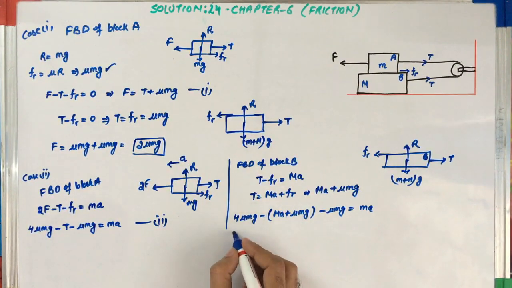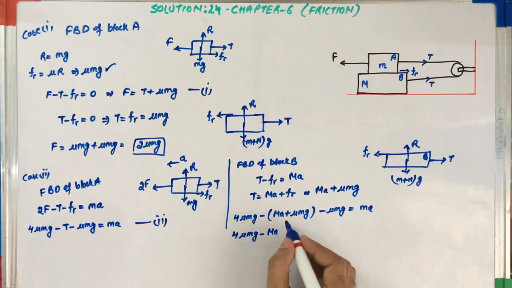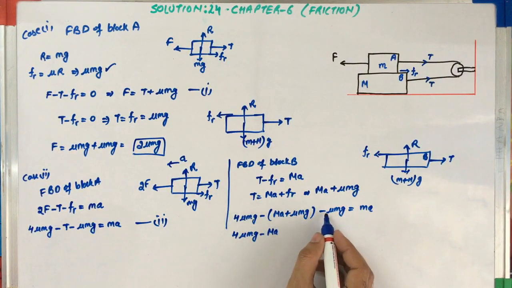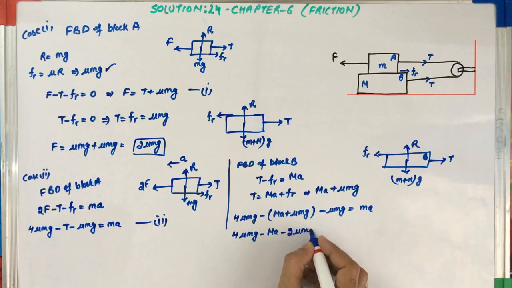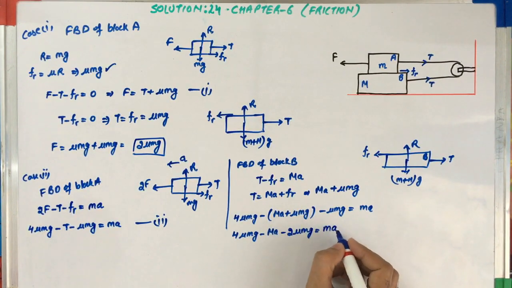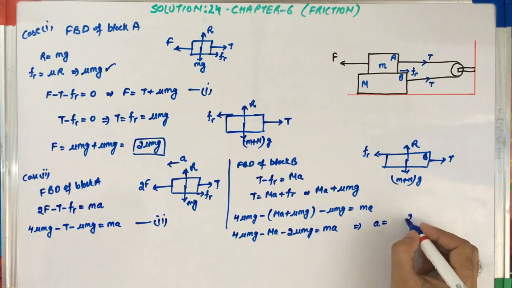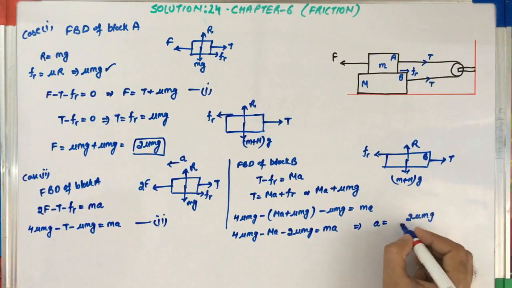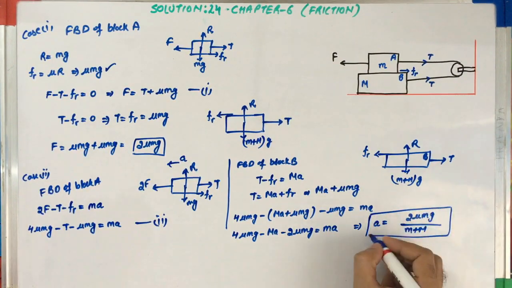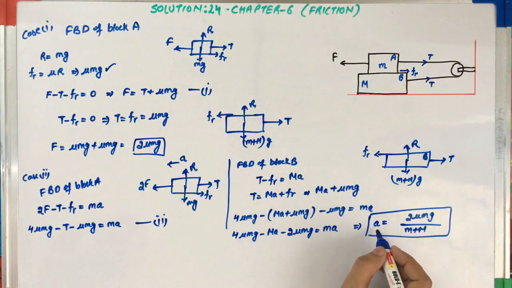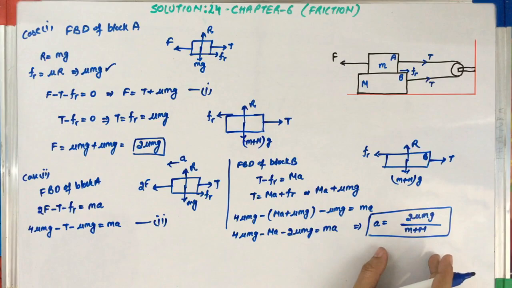After solving this, we will get 4 mu mg minus Ma, minus mu mg, minus mu mg is 2 mu mg, so 2 mu mg is equal to (M plus m) a. So the acceleration in this case will be a is equal to 2 mu mg upon M plus m. So in the second case, when the 2F force is applied, the acceleration of these blocks will be 2 mu mg upon M plus m. So this is the solution of this problem.